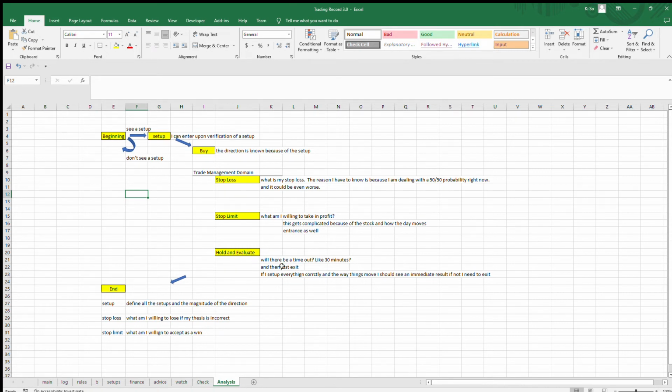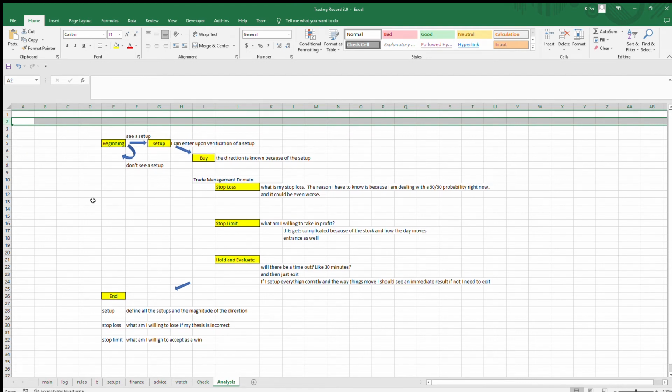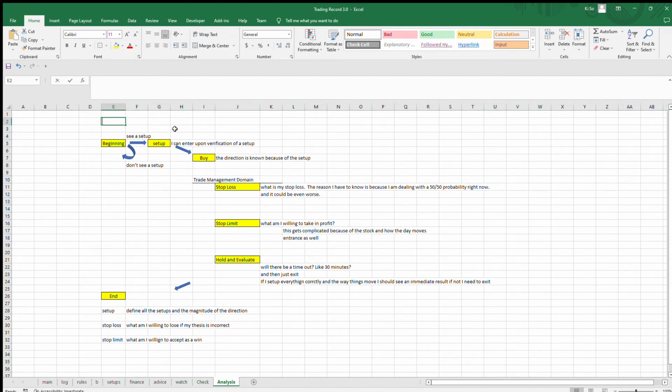If the results are immediate, I can just take it and exit, because my primary objective, the objective of this exercise, is this.